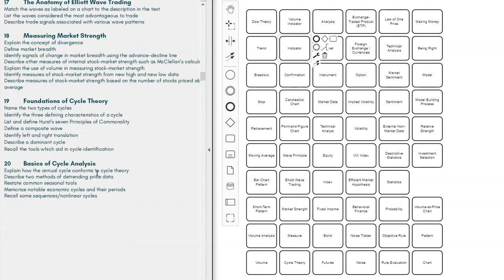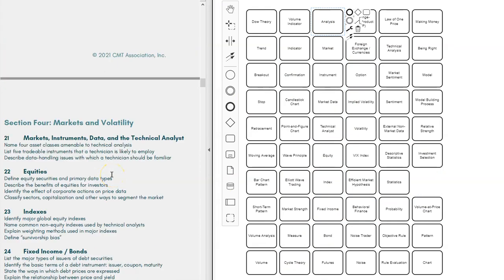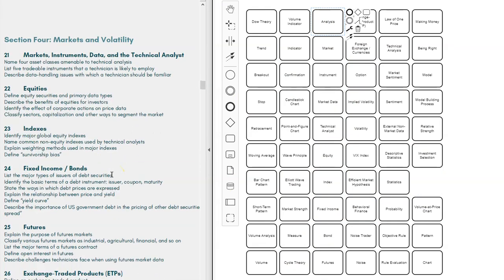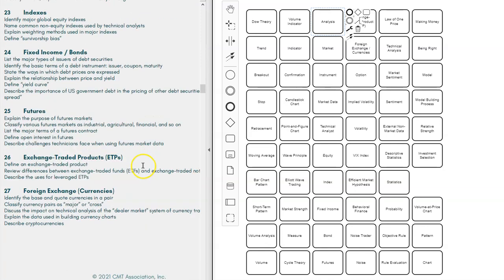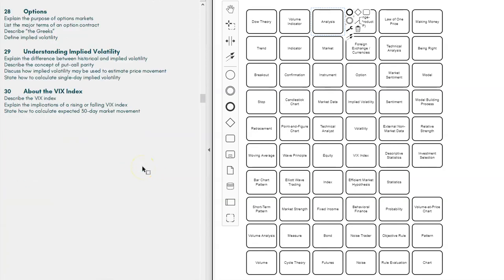Anything jump out at you? I'd like to get one more from this basics of cycle analysis. So we have analysis, cycle theory. These are the asset classes. The Greeks are important with the options.